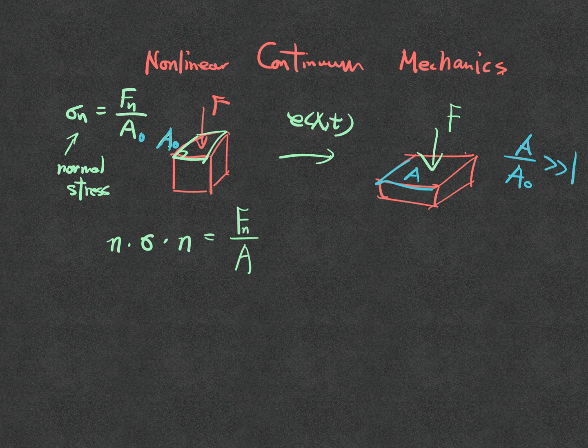So if I want to define traction, or actually the normal stress, which normal stress are we talking about? Is it F divided by A0 or F divided by A? One thing that is important is that they're not equal to each other anymore. Does that make sense? So which one should we use?